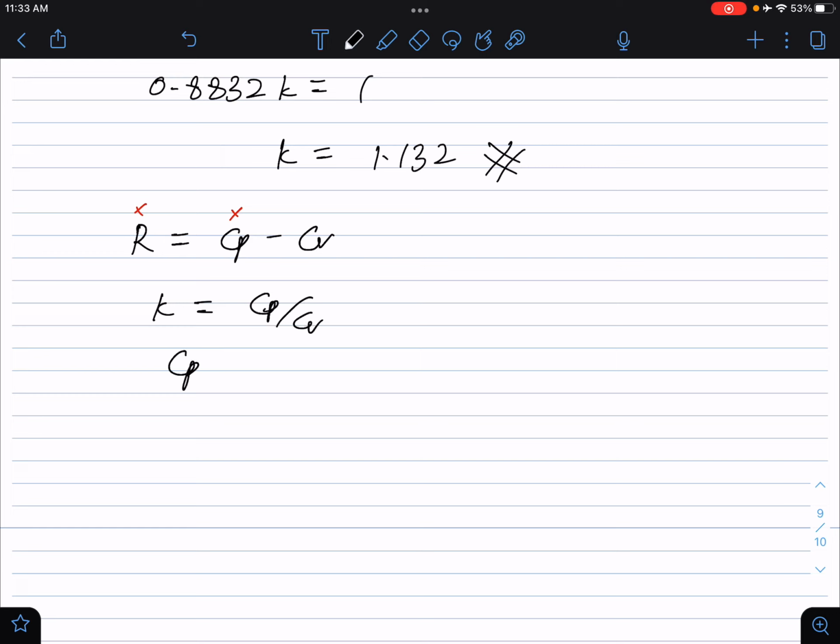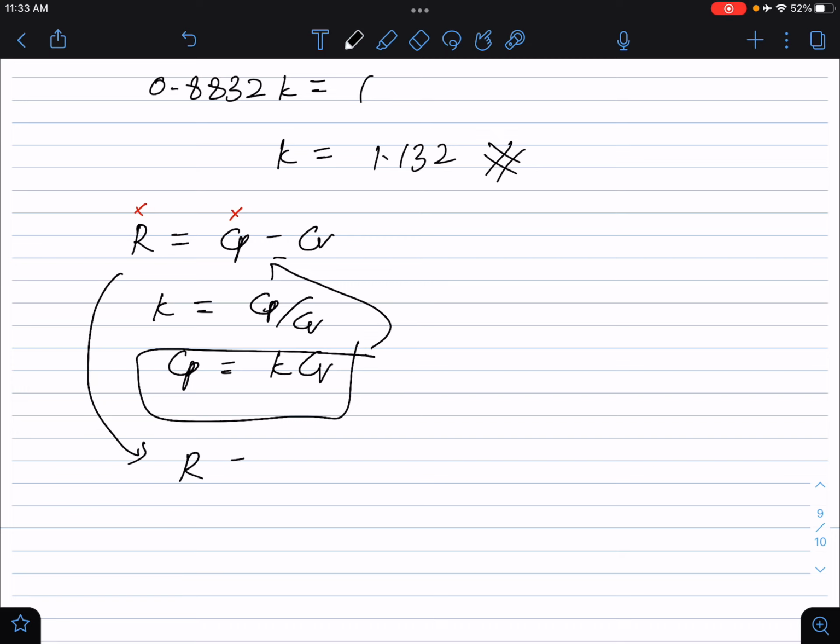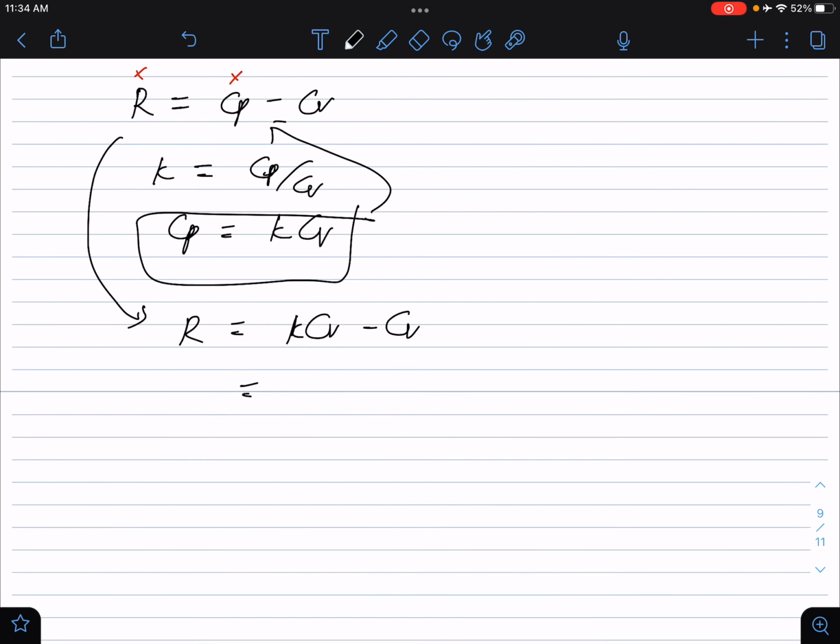So Cp equal to k Cv, and then you put this into the equation and rearrange to get R equal to k Cv minus Cv, which is equivalent to Cv times (k minus 1).